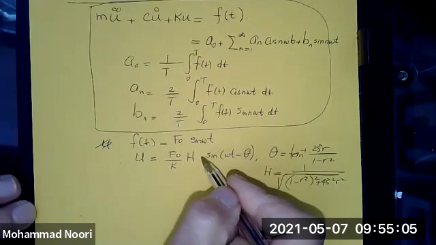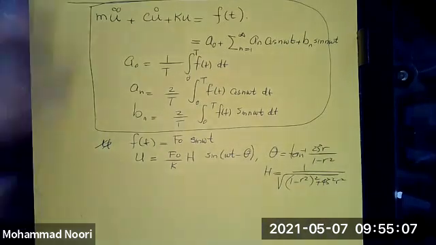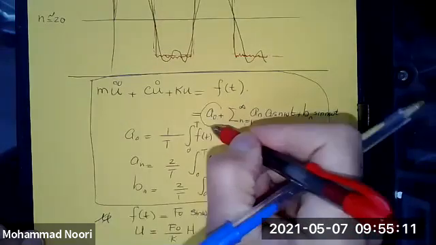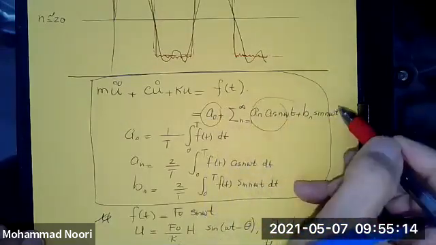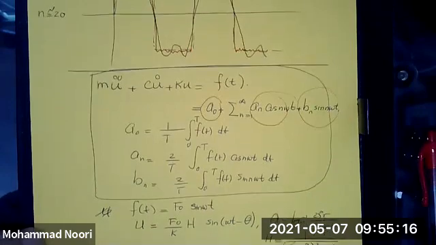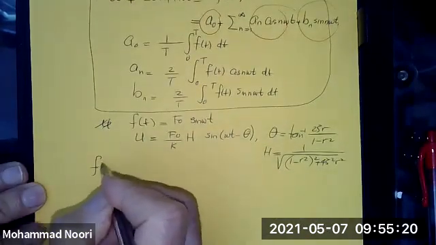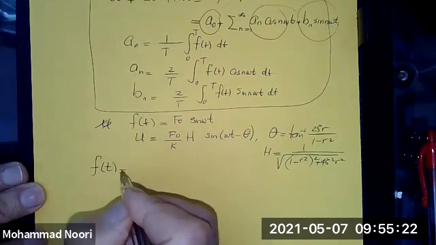So now you have some of these functions, right? So now I can rewrite that f of t in this form.